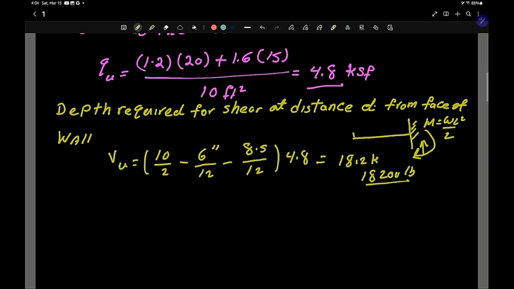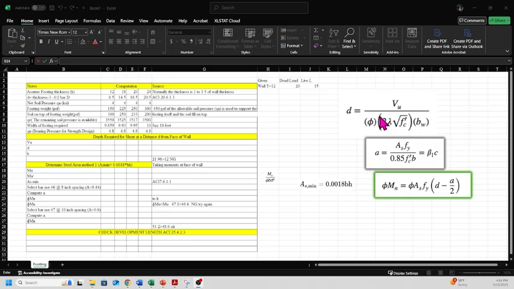Going back to the Excel sheet, and we're going to come in right here, calculate VU, which is equal parentheses open 5 minus, instead of 6 inch I'm just going to put a 0.5, we already know that, and then minus the D is right up here, divided by 12, close the parentheses, multiplied by 4.8, enter, and that's what it is.